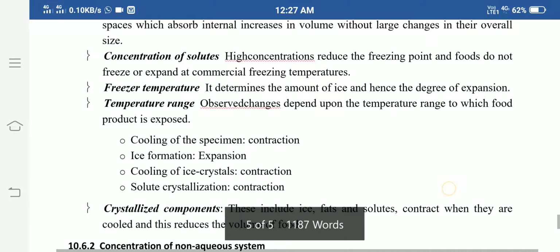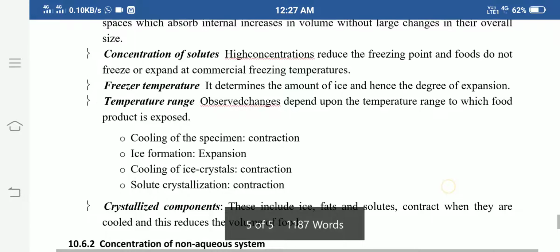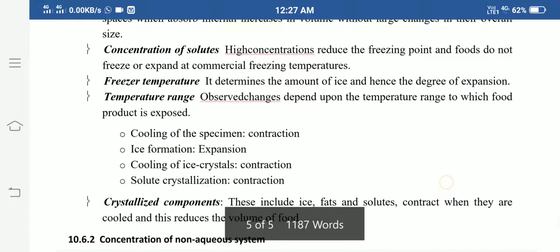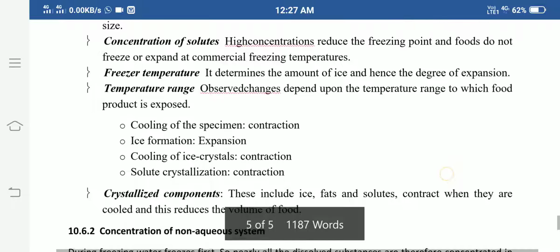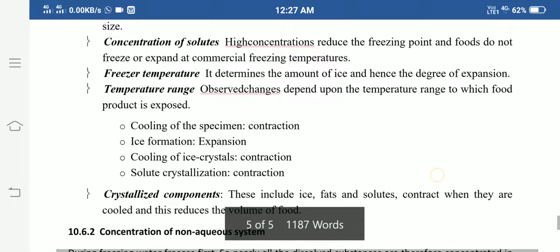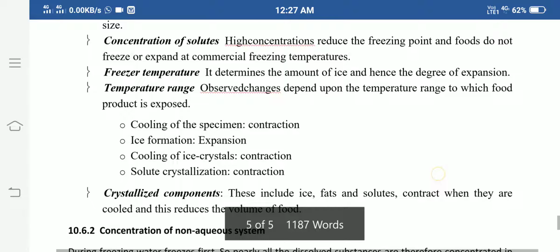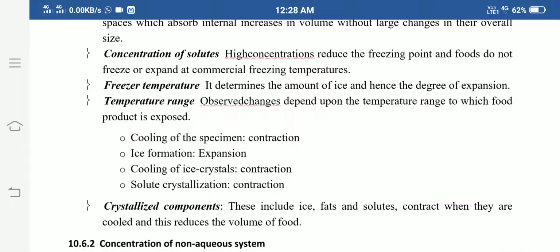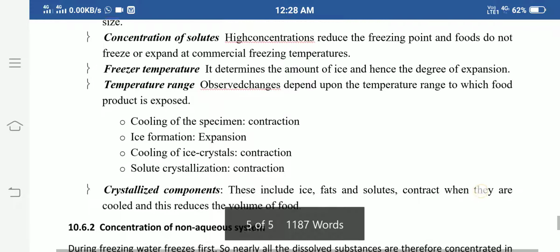Then concentration of solutes. High concentration reduces the freezing point, and foods do not freeze or expand at commercial freezing temperatures. So we have discussed that concentration of solutes disturbs the chemical structure of the water, so it reduces the freezing point.